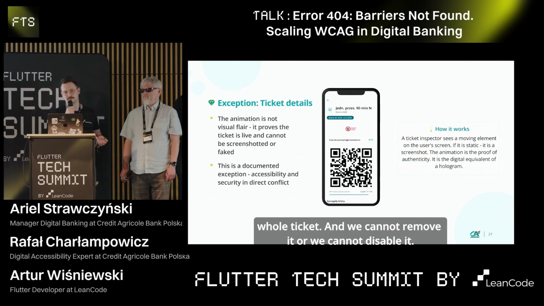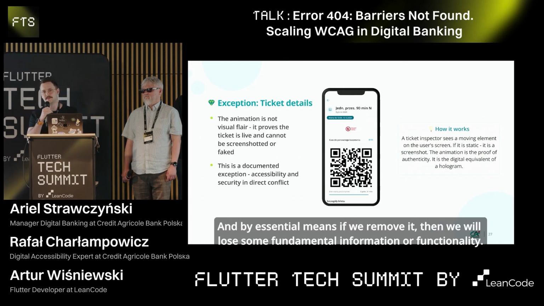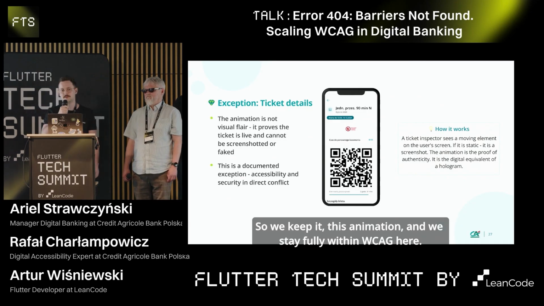And we cannot remove it or disable it. But thankfully, WCAG has a solution for cases like that. If animation is essential, we don't need to reduce it. And by essential, it means if we remove it, then we will lose some fundamental information or functionality. So we keep this animation, and we stay fully within WCAG here.